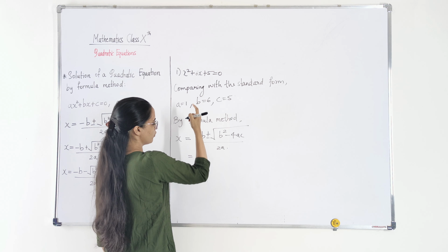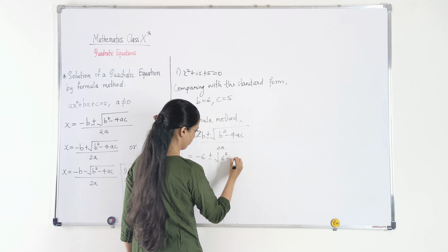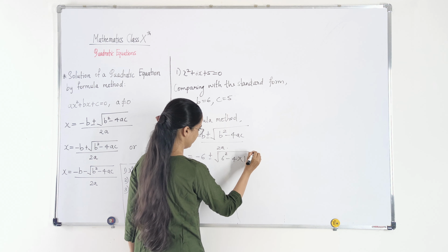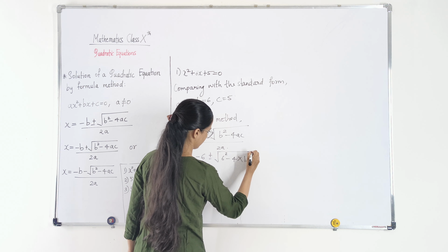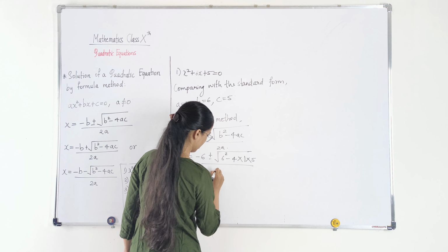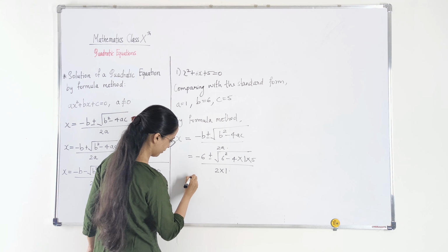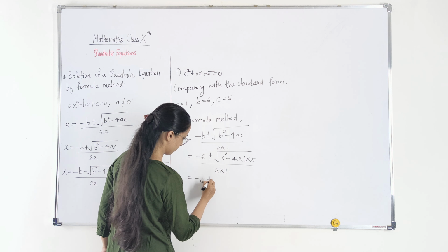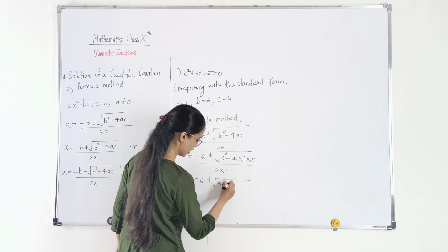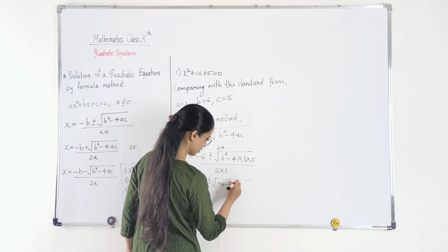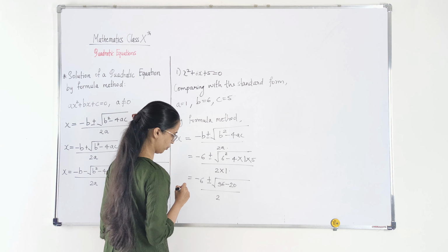Now instead of b we would be putting the value 6, for a we would be putting the value 1, and for c we would be putting the value 5, upon 2 into, again here a is 1. Minus 6 plus and minus under root of 6 square is 36 minus 4 into 5 is 20, upon 2 into 1 is 2.